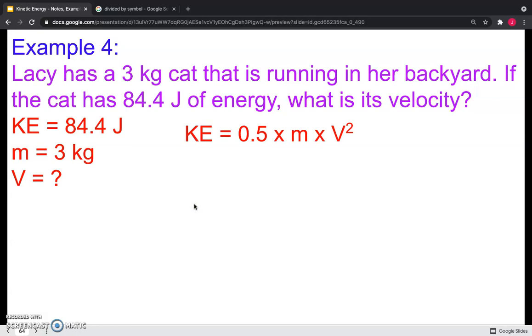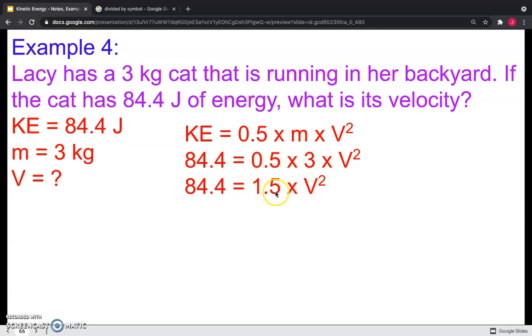So KE equals 0.5 times m times velocity squared. We're going to plug in 84.4 for KE. I'm going to plug in 3 for the mass. So then our first step should be to multiply 0.5 times 3. That's 1.5. Then we're going to divide both sides by 1.5, right, to get v squared by itself. 84.4 divided by 1.5 is 56.3, and that equals the velocity squared.